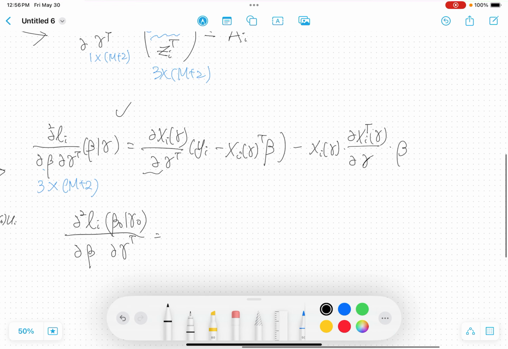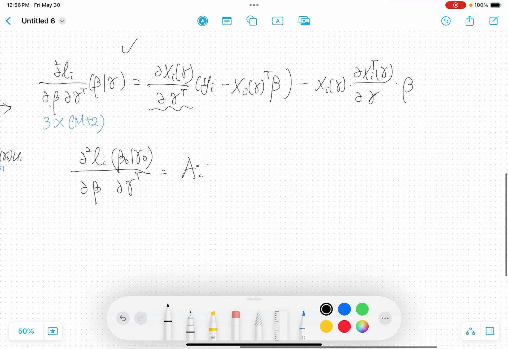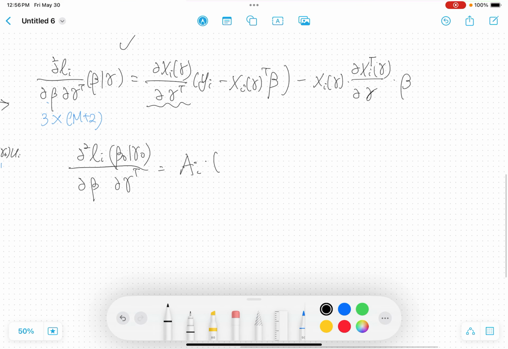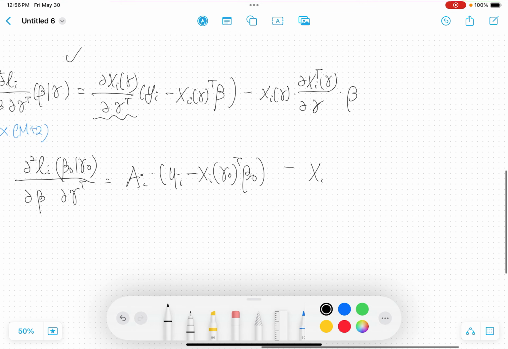So this will be AI times yi minus xi gamma 0 transpose beta 0 minus xi gamma 0 times AI transpose beta. That is beta 0. Okay, that is what we have.